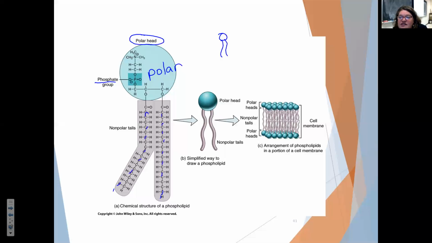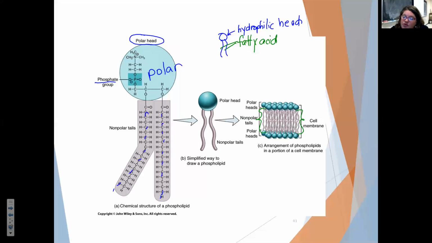And so this is the hydrophilic head portion that faces the water, that faces the extracellular fluid and the intracellular fluid, whereas these fatty acid tails are very hydrophobic. And so they end up associating with each other in the center of the cell membrane.